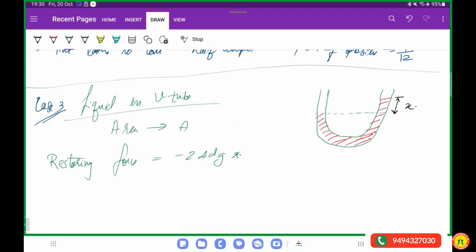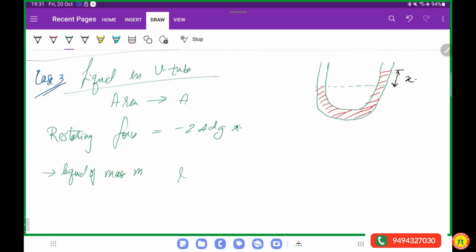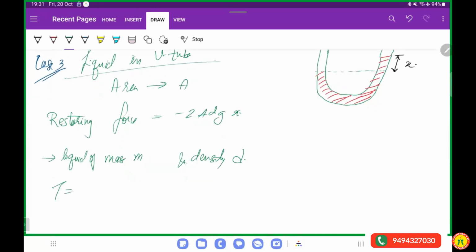So if I just drop some liquid inside, if I drop some liquid of mass m and density d, so time period will be equal to 2 pi root m by 2A d g.